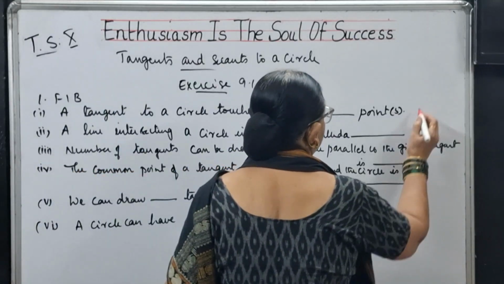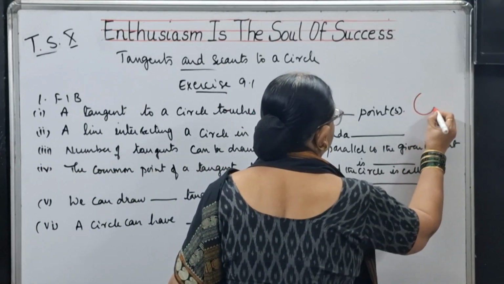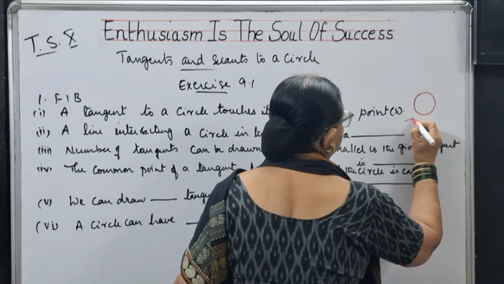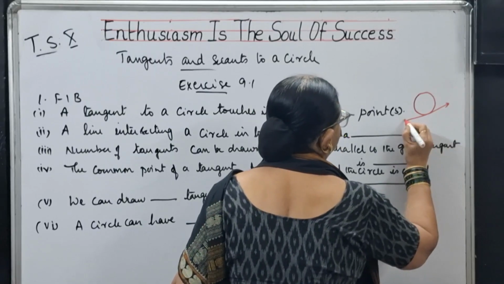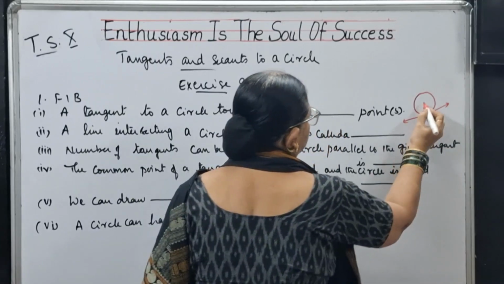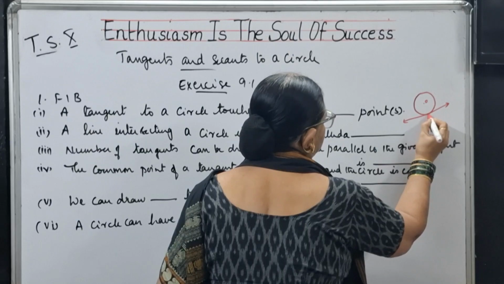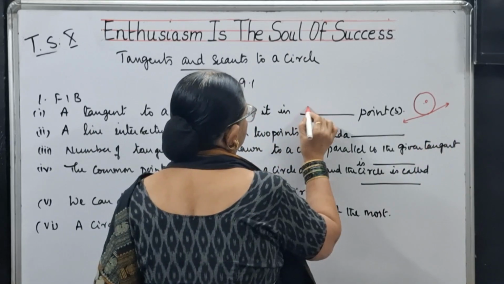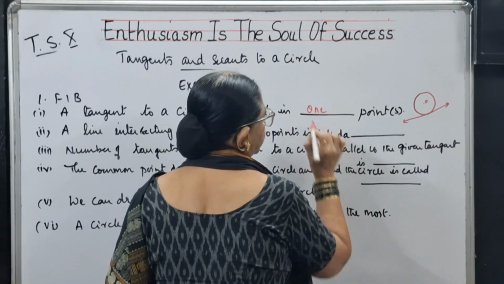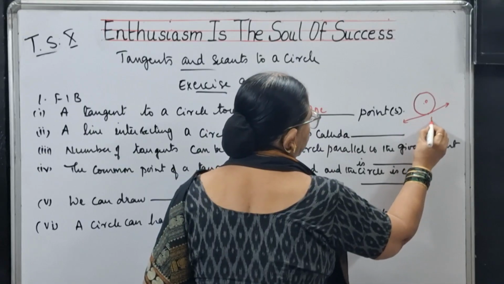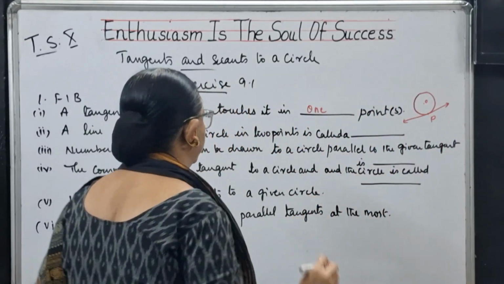Tangent to a circle means, see, this is a circle and this is a tangent. I have already given you explanation about the circle and the tangent. It is touching at only one point only. This is the point P where it is touching.